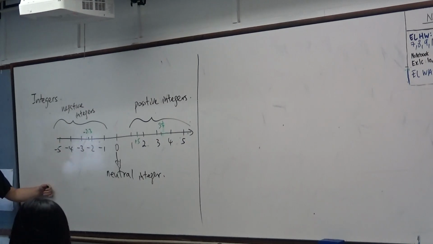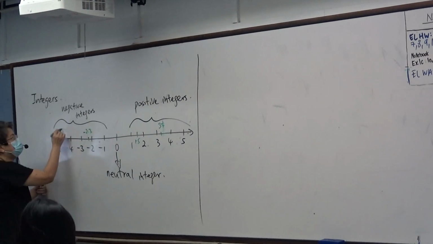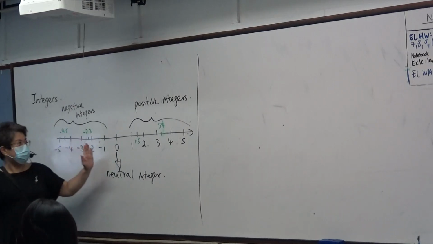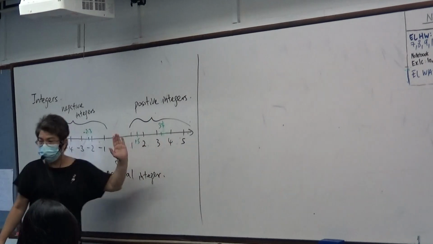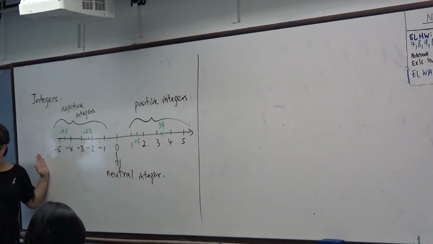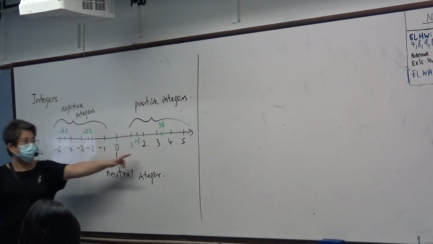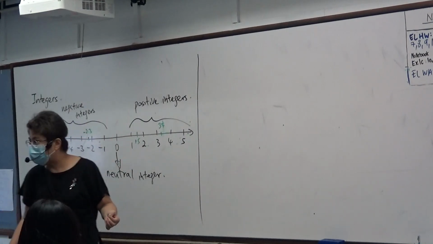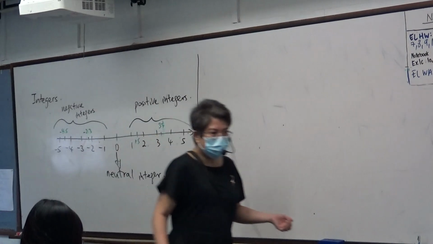An integer must be a whole number. I can also have -4.5. This is also a negative number. So what does it mean? All numbers on this side are positive, all numbers on this side are negative. If they are whole numbers, we call them integers. If not, they are just numbers. Everybody clear? Alright, good.